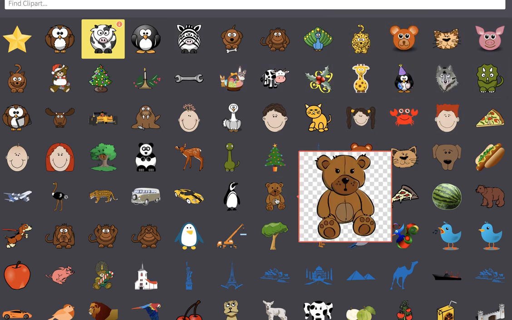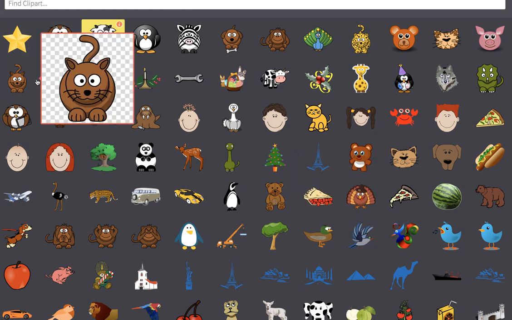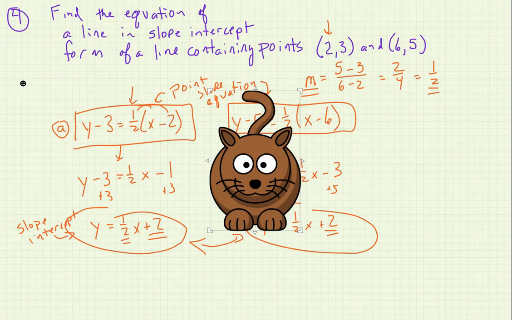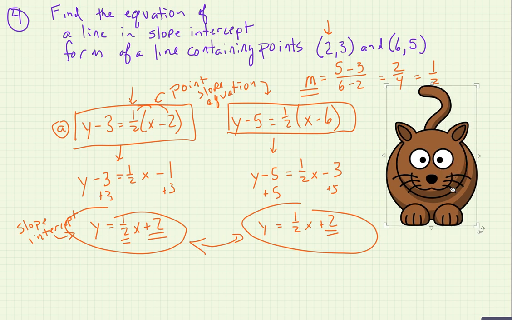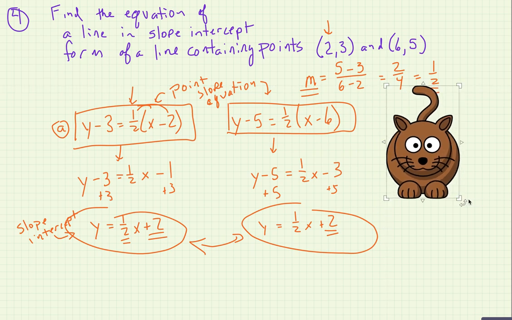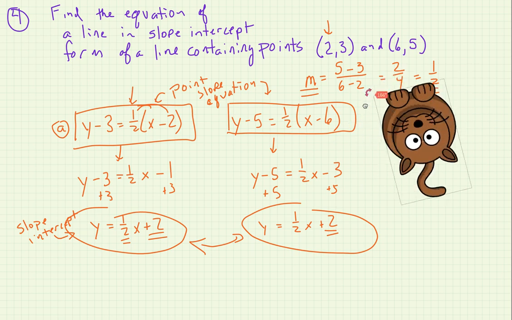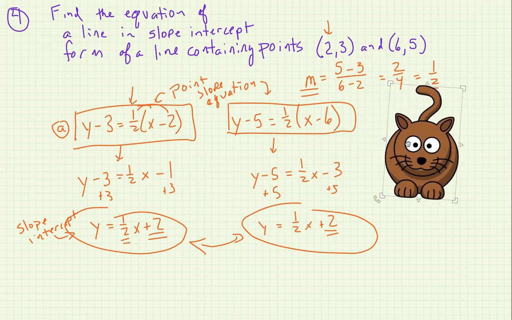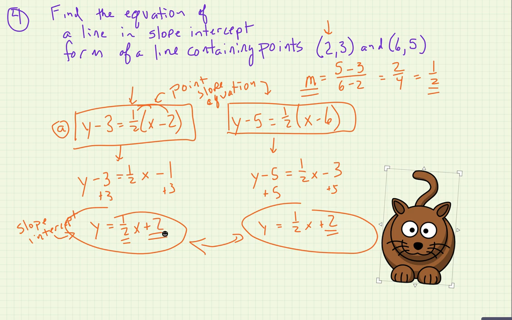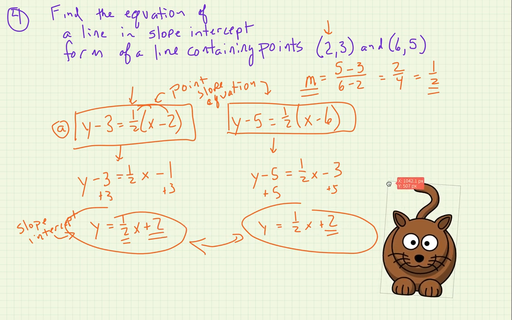All right, we're going to call this Happy Cat. This is Happy Cat, looking a little different than he used to. If you've seen some of my other videos, Happy Cat has changed his look. And we're going to put him down just because when math does really cool things, I like to pop down a Happy Cat because I love math.